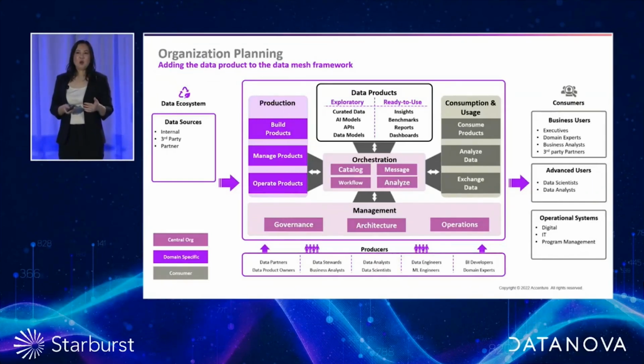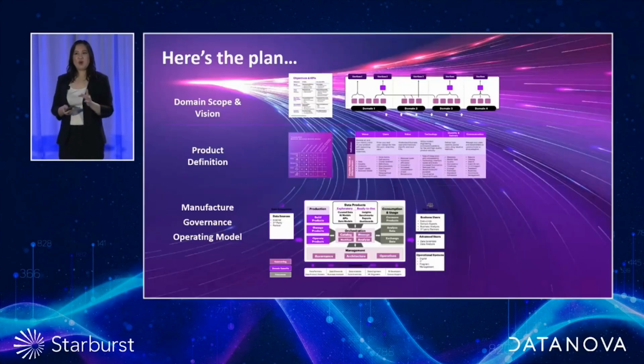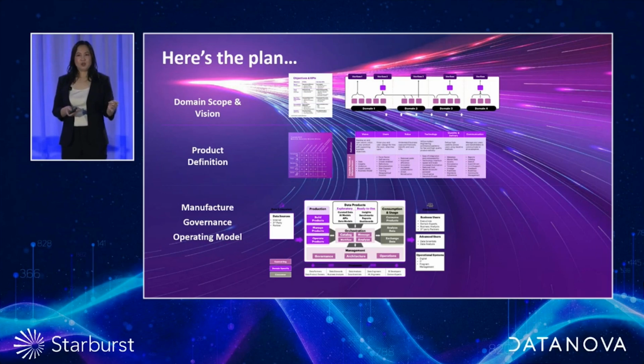So, I think we quickly walked through already, the why. So why is your domain scope and vision, right? This is identifying the unique data needs and the users. And this is an iterative process where you're going to work with your users to confirm those needs. Two is a particular product definition.